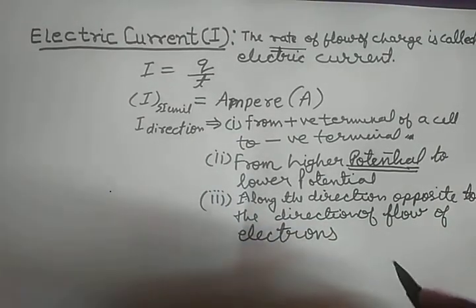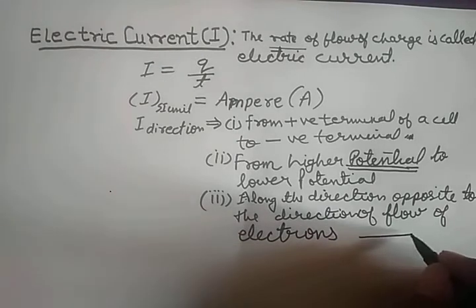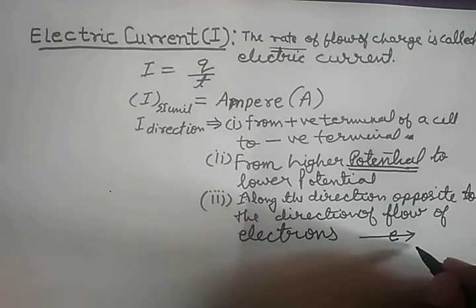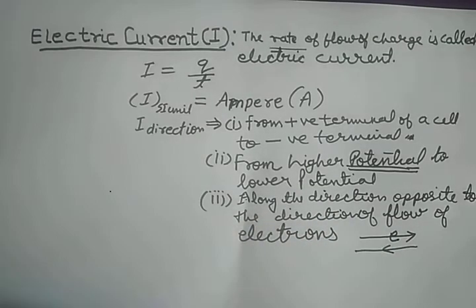So if electrons are flowing in this way, then the direction of current will be in the opposite way.